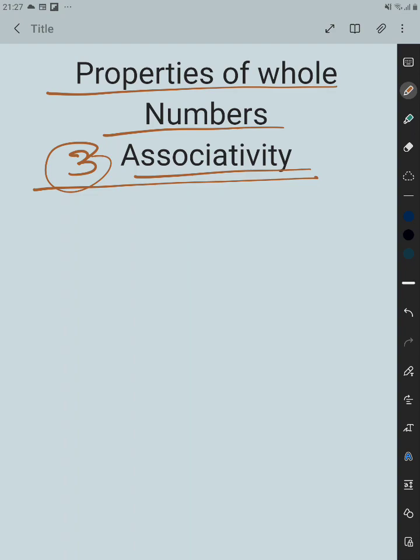Associativity means association, whether the result will be the same or will differ if the association with one number changes and makes association with another. For example, for addition, let's take the addition case first.